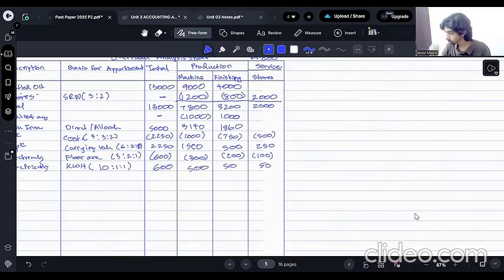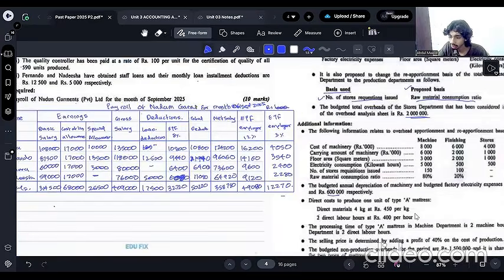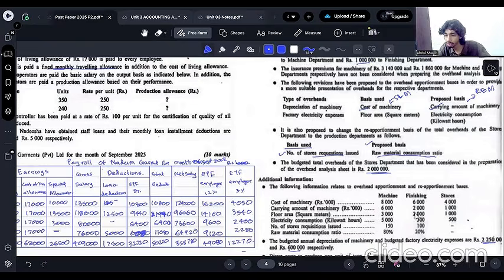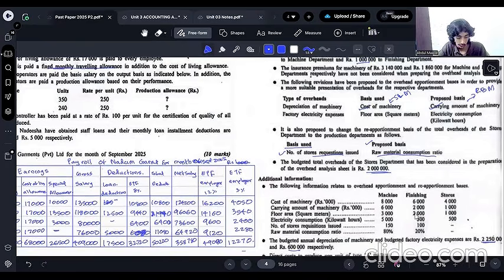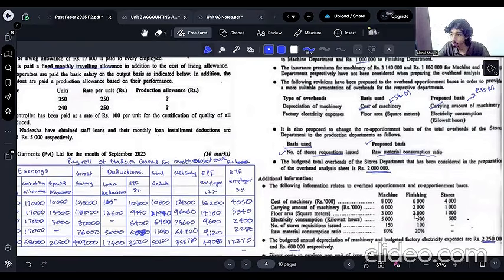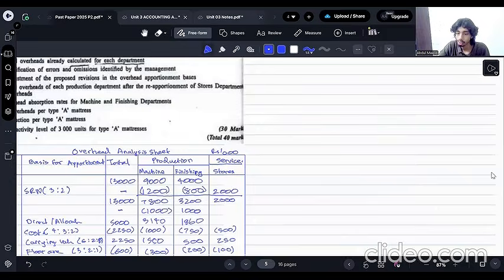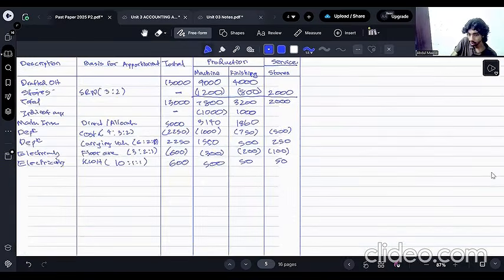That is done. So everything is done. Next, what we have to do is total and again reapportion. We have to again reapportion our total overhead based on the raw material consumption ratio. I will get our total.